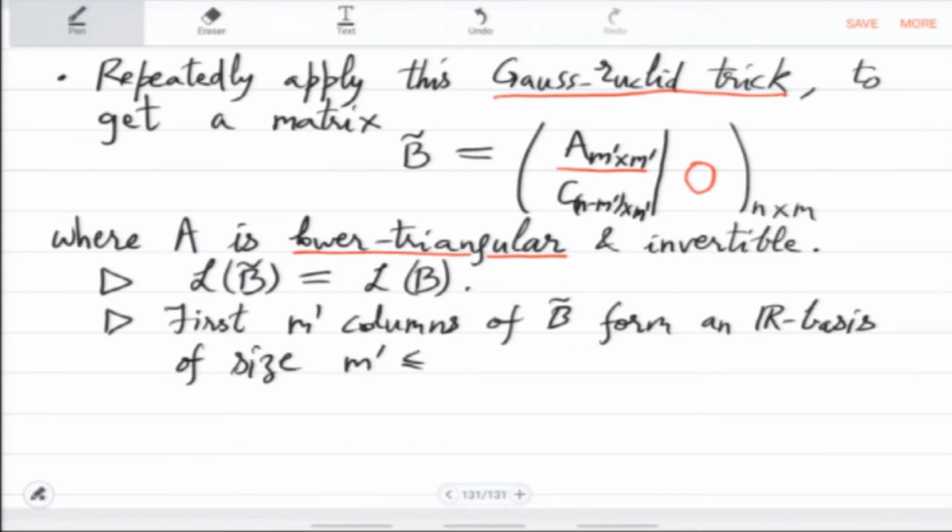Note that m prime is at most m, and also since we are talking about rank now, it cannot exceed n.